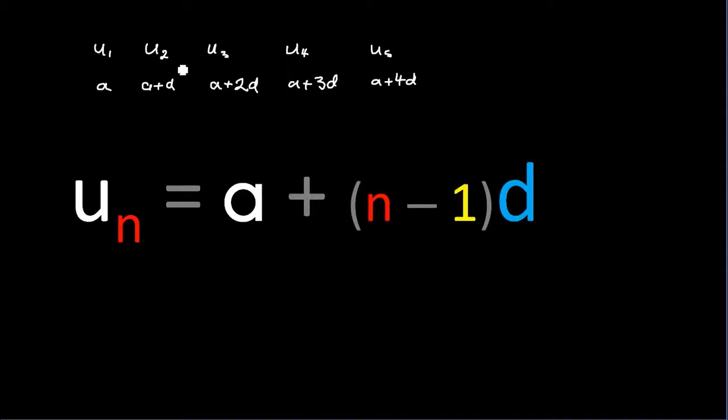If we look at the second term, where n is 2, we've only got 1 times d. But with the third term, when n is 3, we've got 2 times d, which is n minus 1. With the fourth term, when n is 4, we've got 3 times d. So it's always n minus 1, which is where we get this rule here, n minus 1 times d.